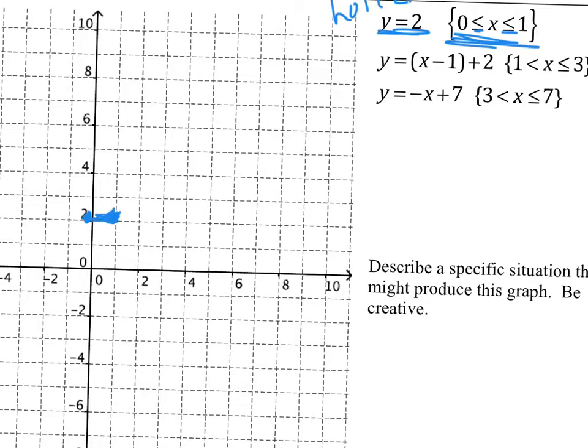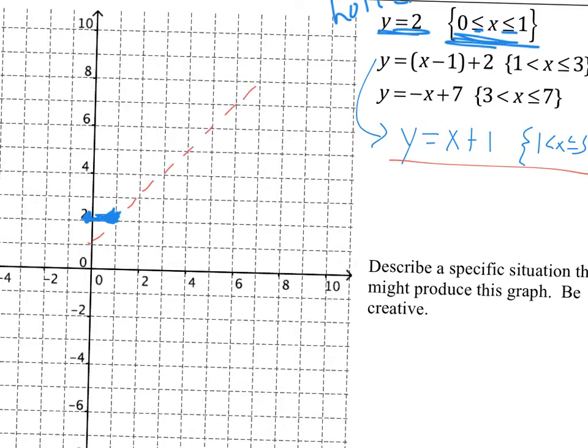Okay, let's take a look at our next one. Again, I might write this in mx plus b form, so y is equal to x minus 1 plus 2, which is x plus 1, and that's when x is between 1 and 3. So at 1 is when this graph starts. I'm going to do this one in red, just so we can see this more clearly. So x plus 1 means I'm going to have a y-intercept if I was going there, and at 1 I'm going to go up at a slope of 1.